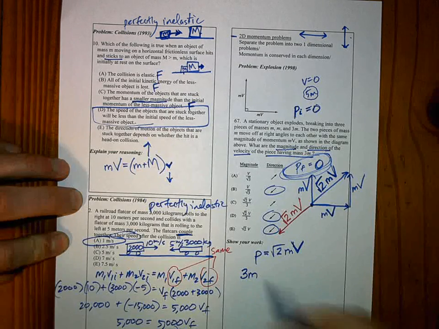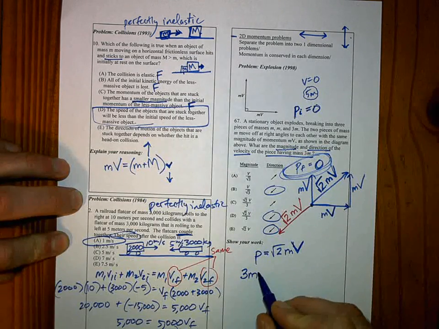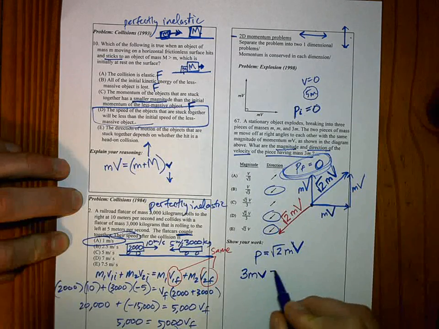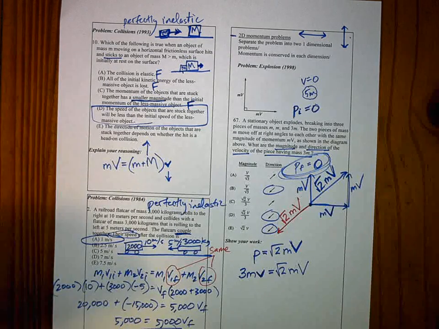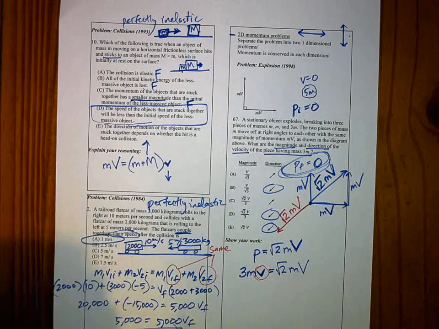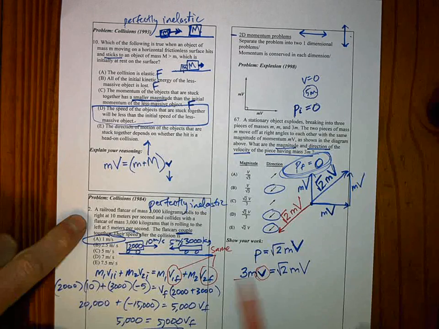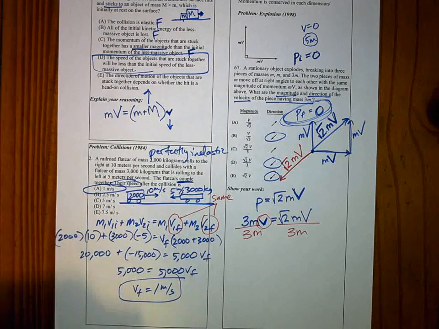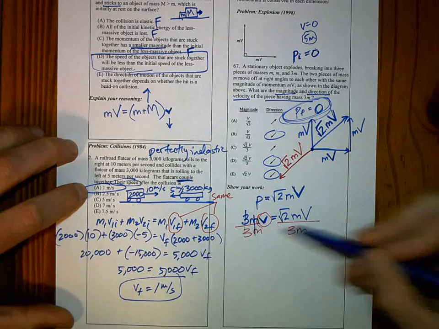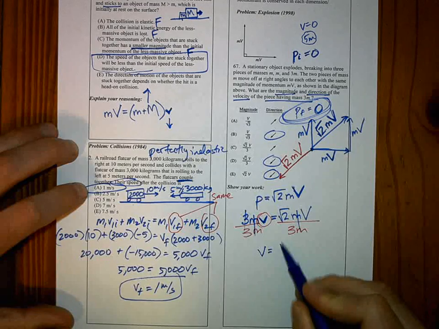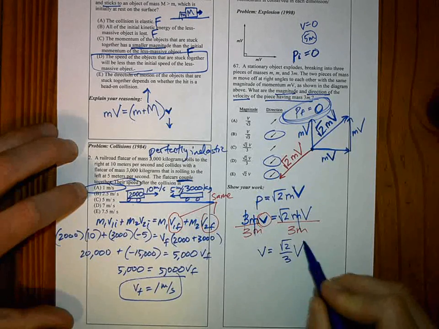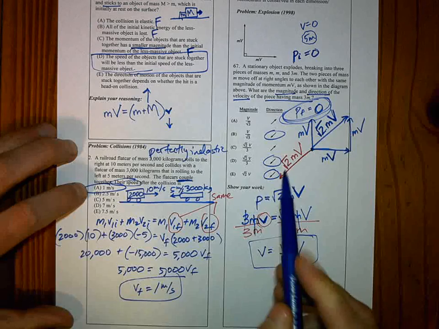So 3m, I'll call this a different v, a little v, is equal to square root of 2 m big V. And I'm solving for the speed of the third mass. So divide both sides by 3m. Cancel, cancel, cancel. And I get that the speed must be square root of 2 over 3 big V. Or choice D.